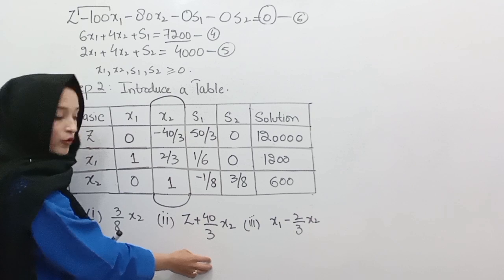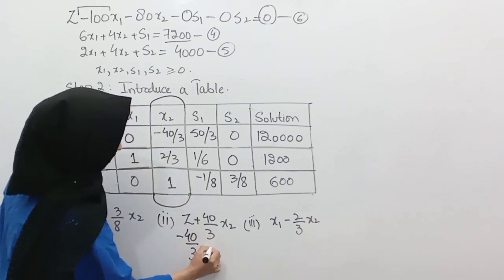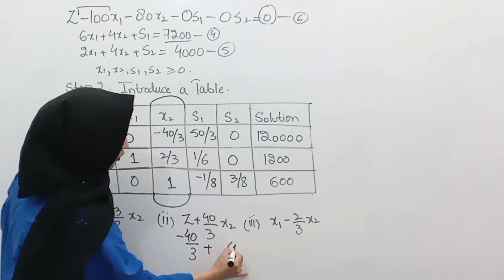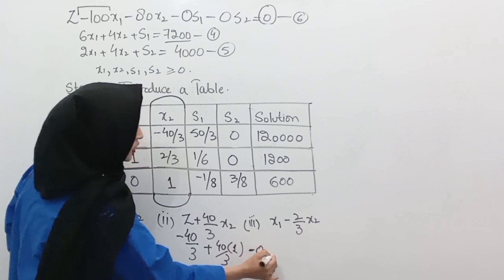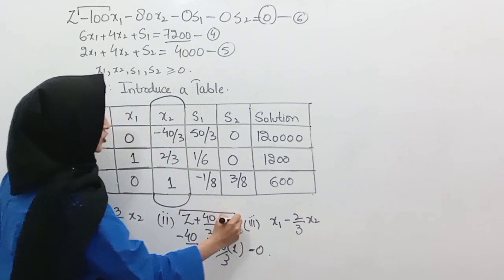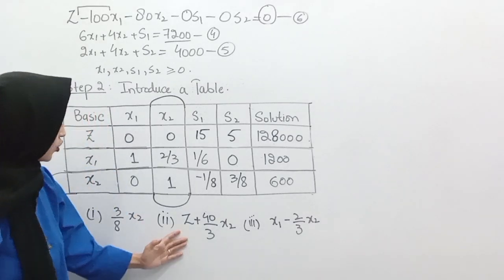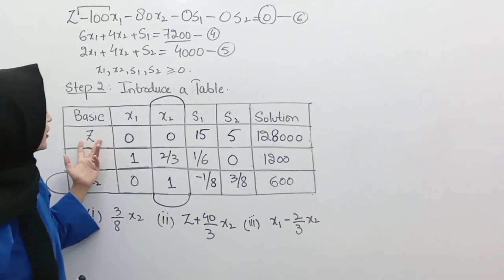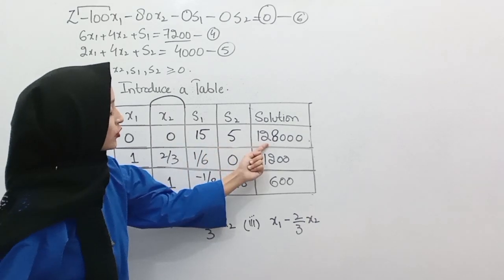So this will be our row operation. Minus 40 by 3, which is the value of z here. Then we add it, and 1 is the value of x2, and 40 by 3 will give minus 40 by 3 plus 40 by 3 equals 0. Note that you have to apply this operation on the complete row z. So by applying this row operation on the row z, we get 0, 0, 15, 5, 1 lakh 28,000.